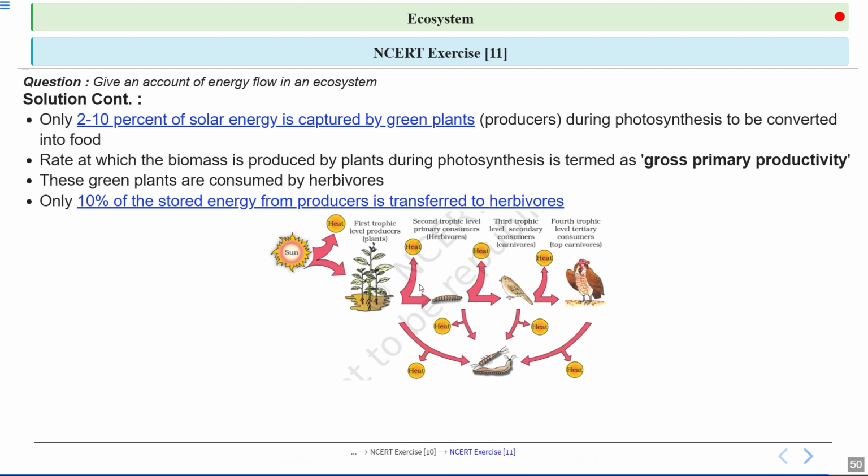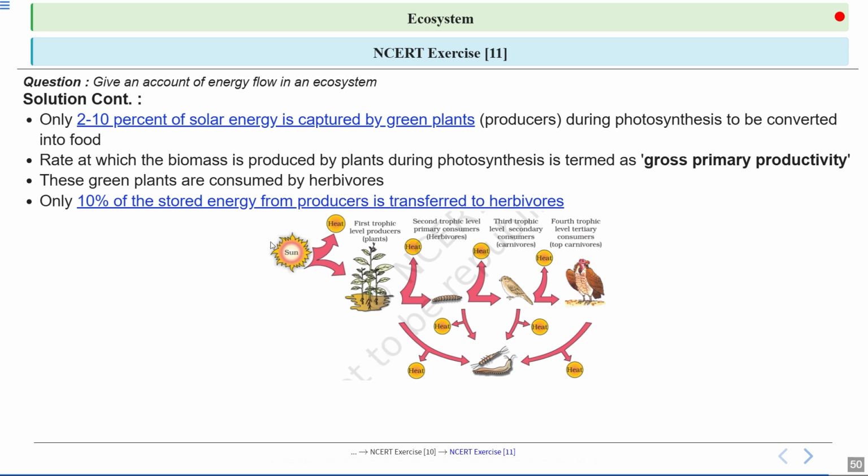At each step the energy is lost in the form of heat, and only 10% of the energy is transferred. And finally the organisms die, and the detritus will be broken down by the detritivores and the decomposers, and this will help in recycling of the nutrients.